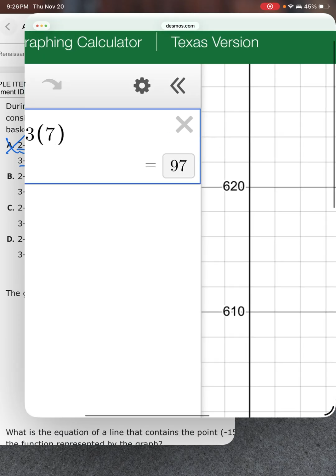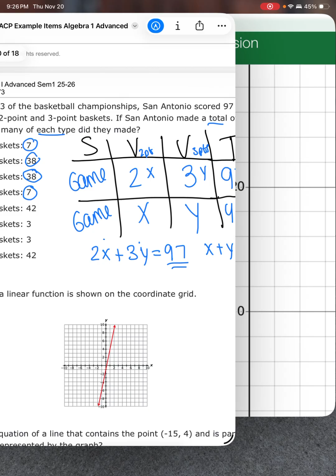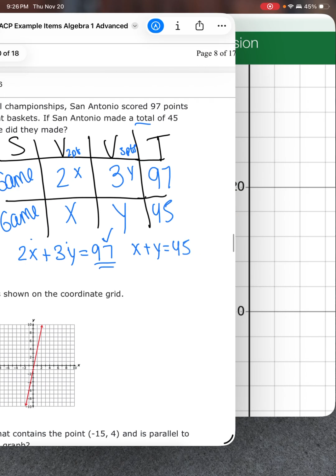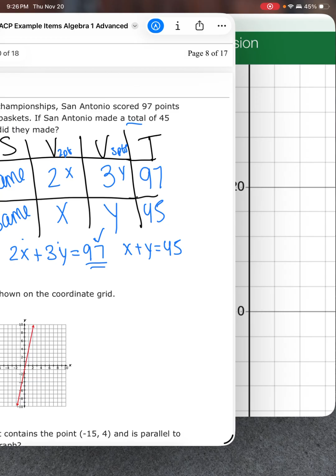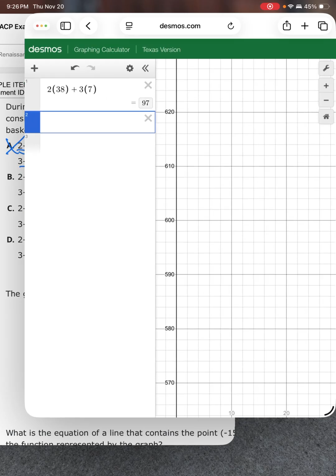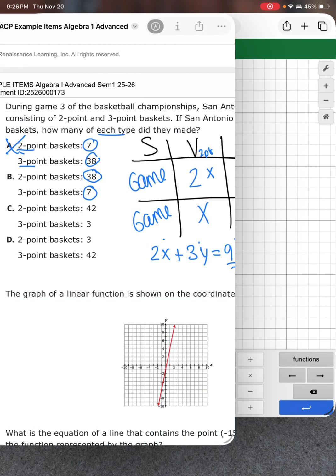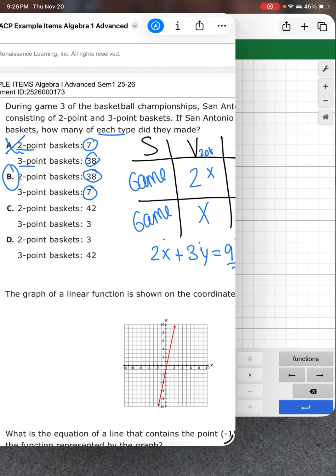And that gives me 97. Okay, well that matches so far, right? So far, so good. Now I'm going to plug it in for X and Y here and see if it gives me 45. So I'm going to plug in 38 plus 7. And if I get 45, which I do, then I know that is my correct answer.